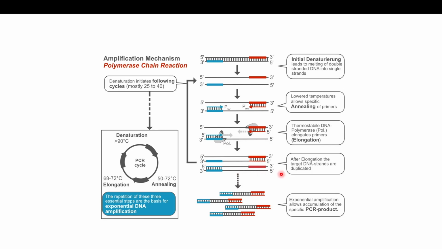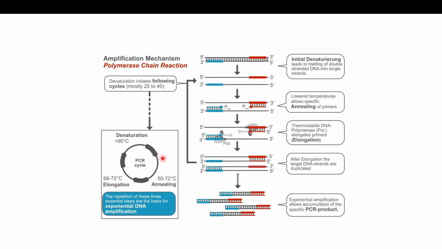After elongation, the target DNA strands are duplicated. That's why we were going through the DNA replication part. Each double-stranded DNA template can give rise to two more DNA templates, where each parent strand forms a daughter strand. Exponential amplification allows the accumulation of specific PCR product.